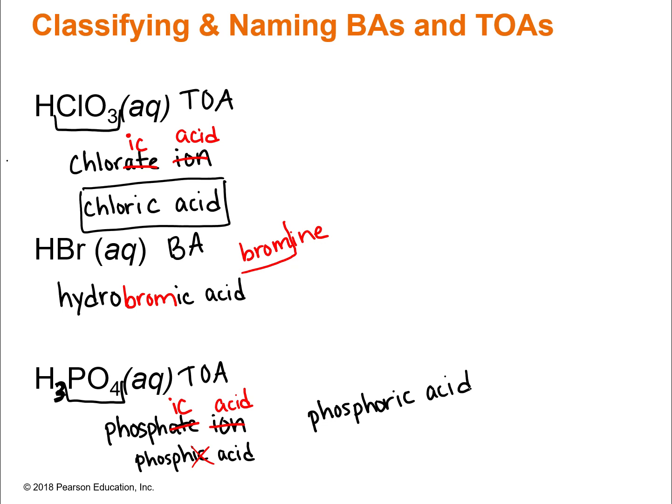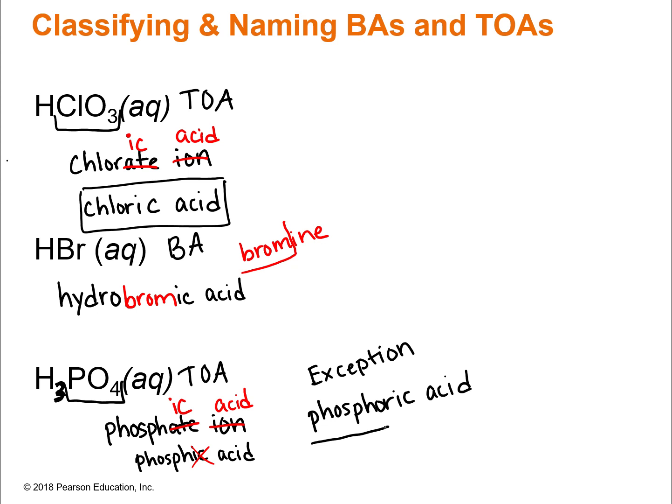There are some exceptions. I'm not going to expect you to know these, but I wanted to bring it up just in case you saw it somewhere else and you're like, wait a minute, that doesn't make sense. A lot of them follow the whole, get rid of the ATE, replace it with ic. But sometimes that just doesn't work. Phosphic? No, nobody's going to say that. You're going to sound stupid.